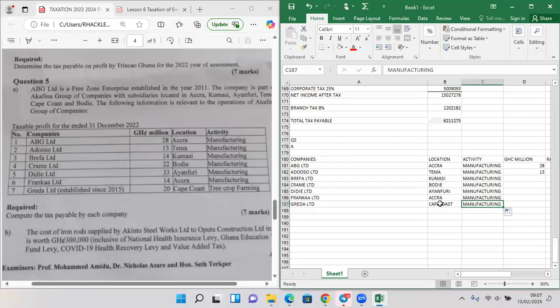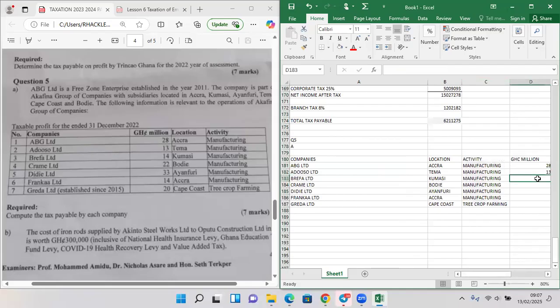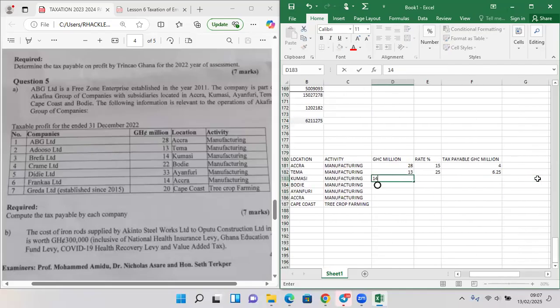This one is doing tree crop farming. So profit is 14, 22, okay, 14, 14, 20.